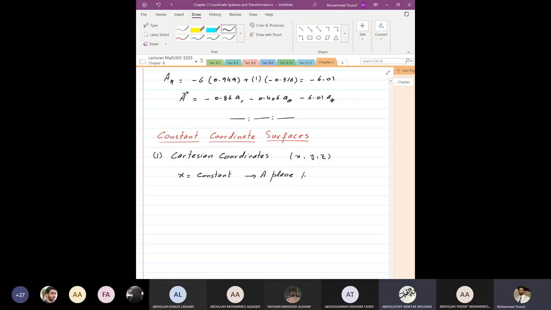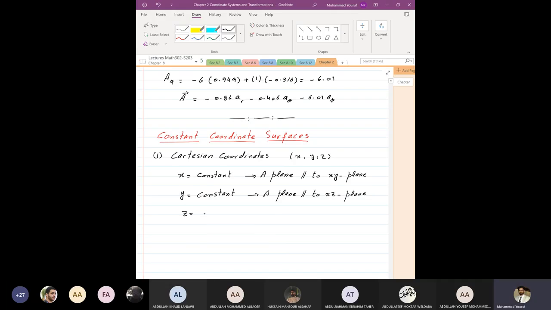A plane parallel to the yz plane, as in Exercise 12.5 in Math 201. And similarly, y equal to constant is a plane parallel to the xz plane.